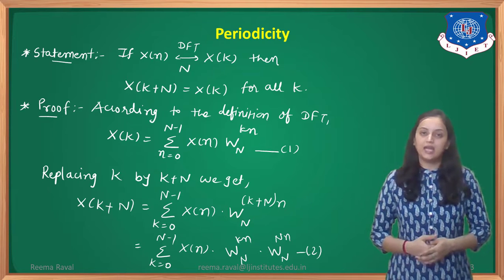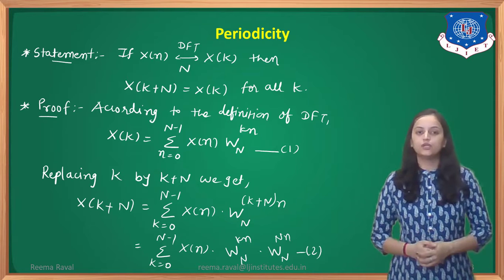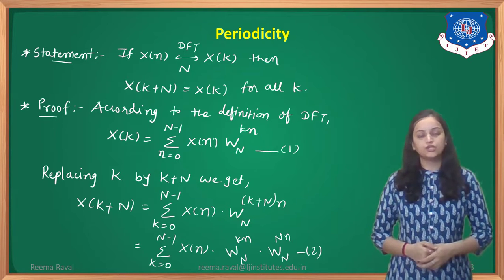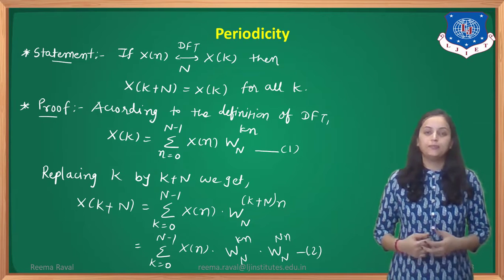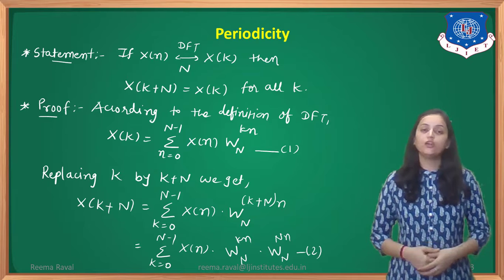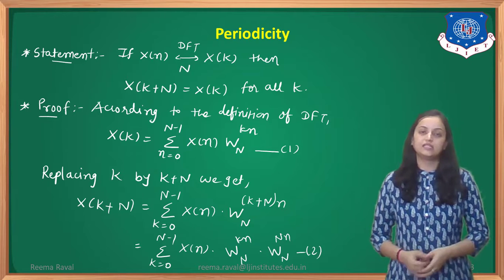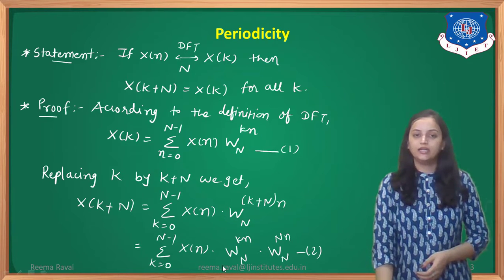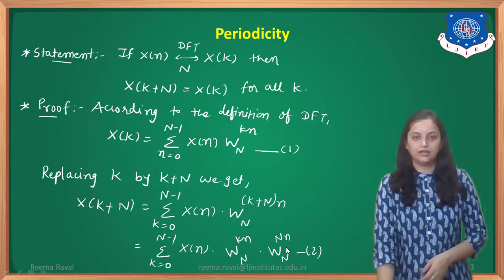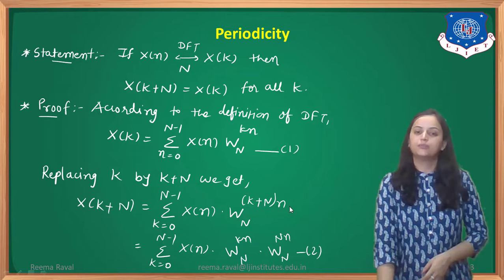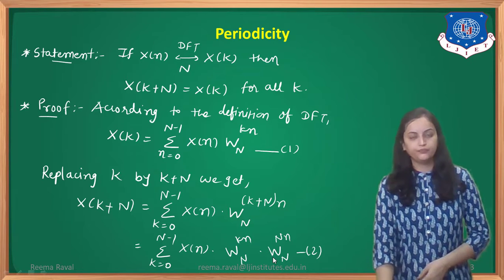Now if we replace k with k plus N, we will get X of k plus N equals summation of n equals 0 to N minus 1 x of n into W_N^{(k+N)n}. Now if we split these terms, we will get x of n into W_N^{kn} into W_N^{Nn}. That means we are splitting this part and giving this as equation number 2.